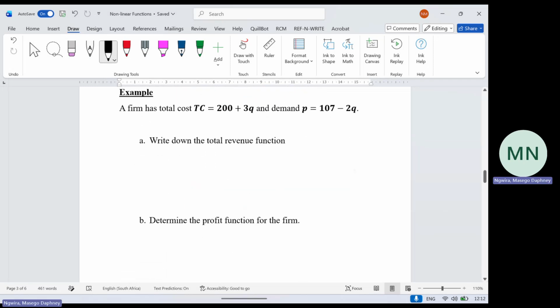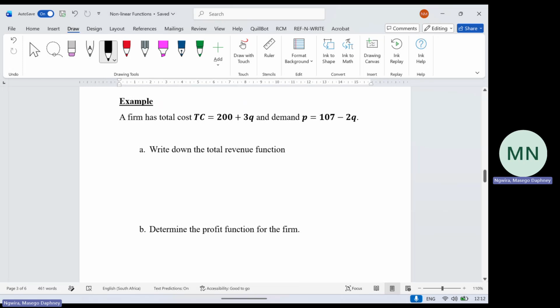In this example, they're saying that a firm has a total cost of 200 plus 3Q, and the demand is P equals 107 minus 2Q. They say write down the total revenue function.